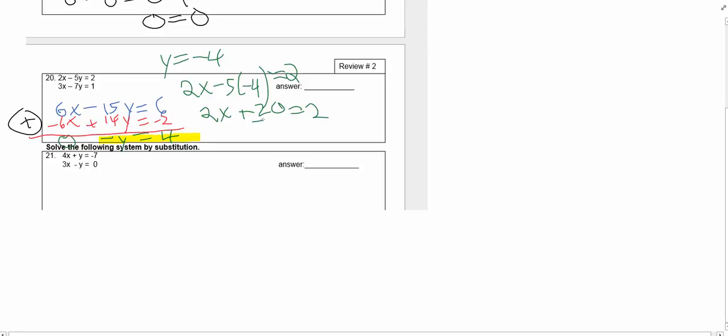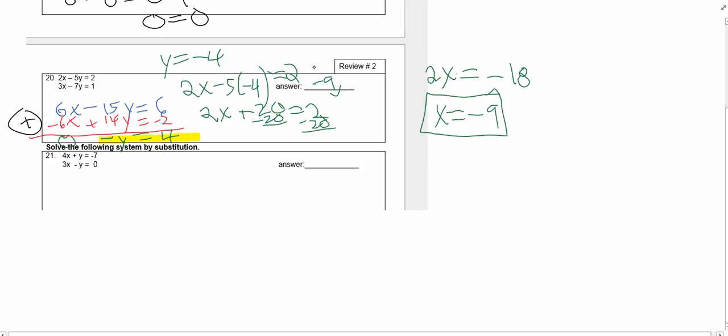Subtract 20. 2 take away 20 is going to give me a negative 18. And we have 2x is equal to negative 18. Divide both sides by 2, and we get x equals negative 9. So now we know our solution set is negative 9 and negative 4 for y. Okay.